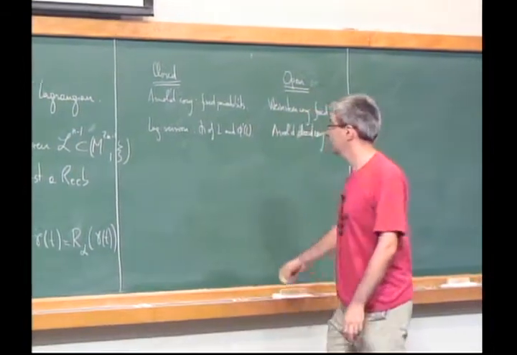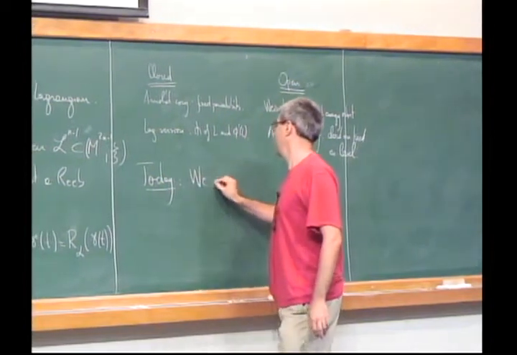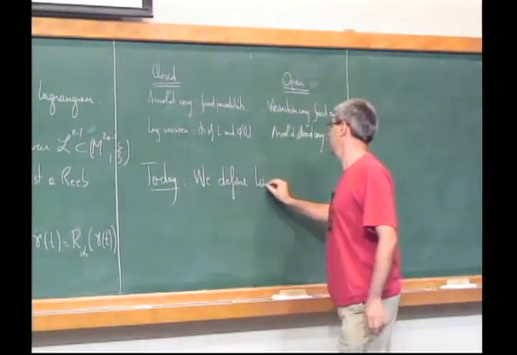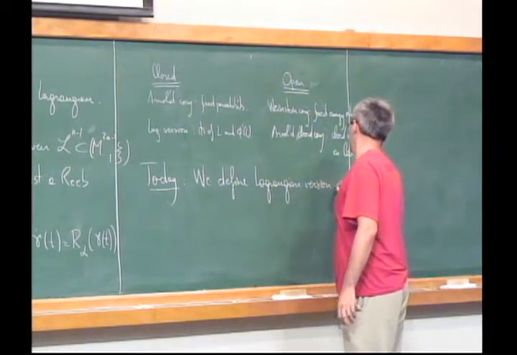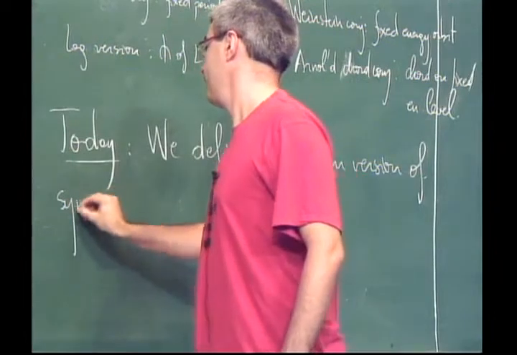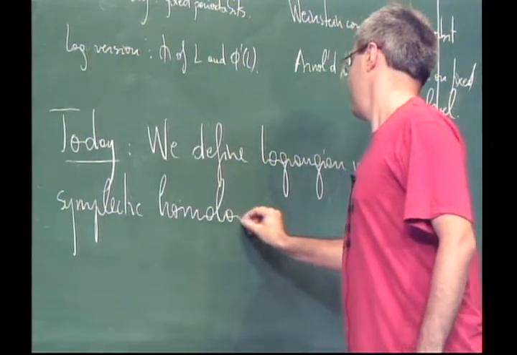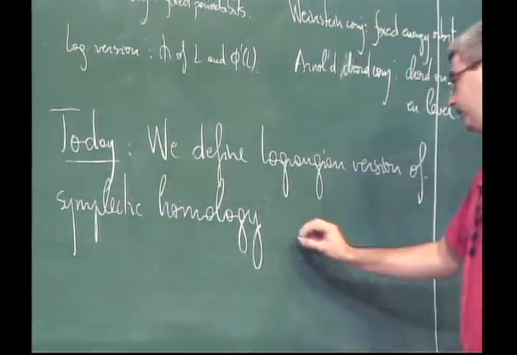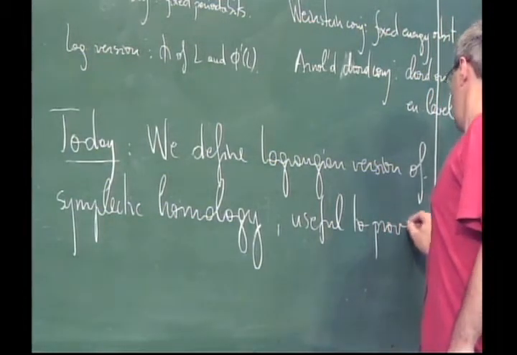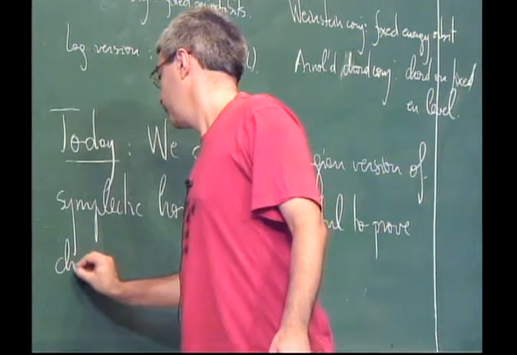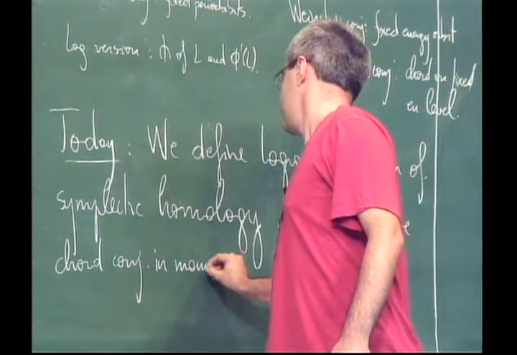So today we define a Lagrangian version of symplectic homology, which is going to be useful to prove, in particular, the chord conjecture in many relevant situations.